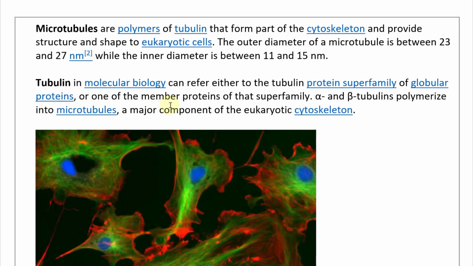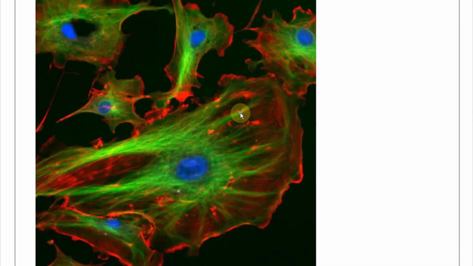Tubulin in molecular biology can refer either to the tubulin protein superfamily of globular proteins or one of the member proteins of that superfamily. So a type of globular protein, and then there's several types. Alpha and beta tubulins polymerize into microtubules, a major component of the eukaryotic cytoskeleton.